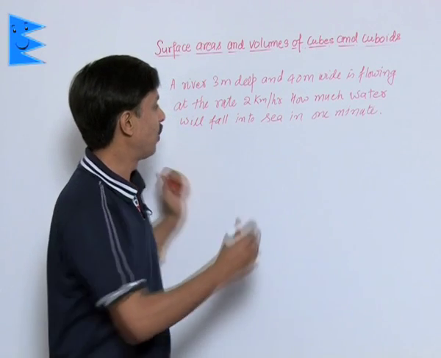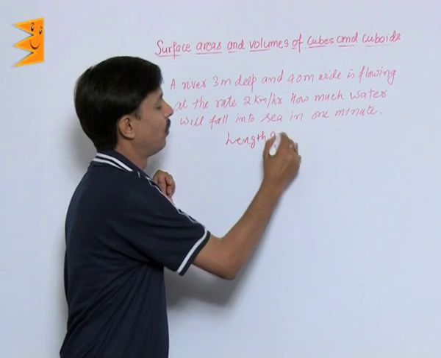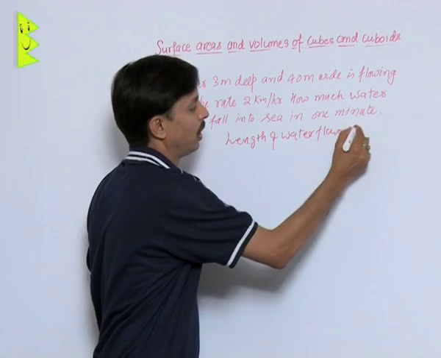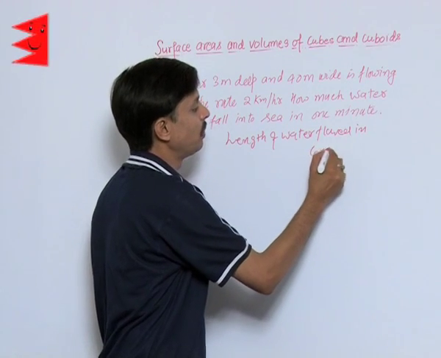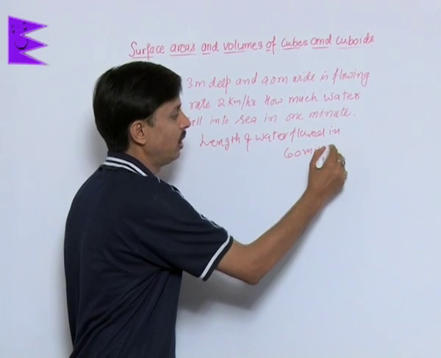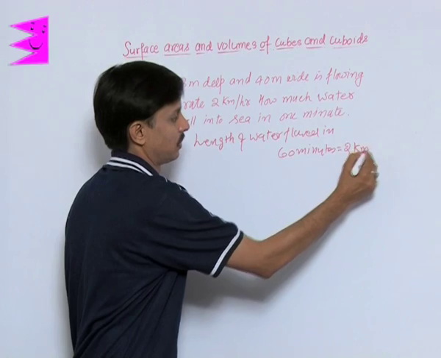So first of all, I want to tell you that length of water flowed in 60 minutes. In place of 1 hour, I can write 60 minutes. Is how much? 2 kilometers.